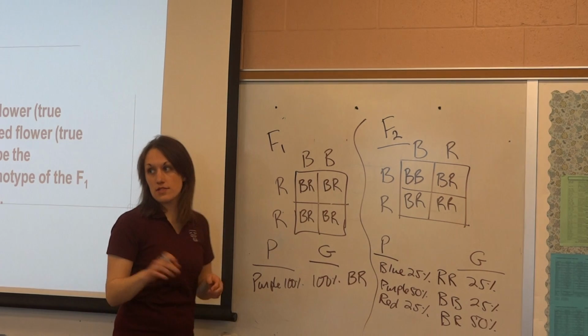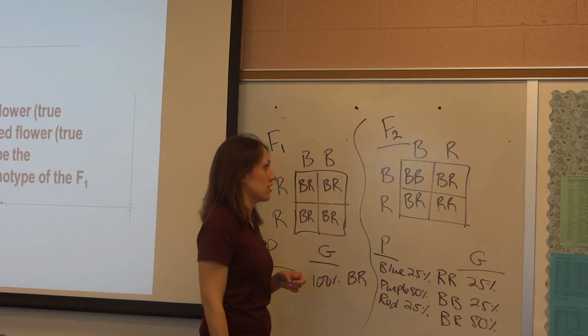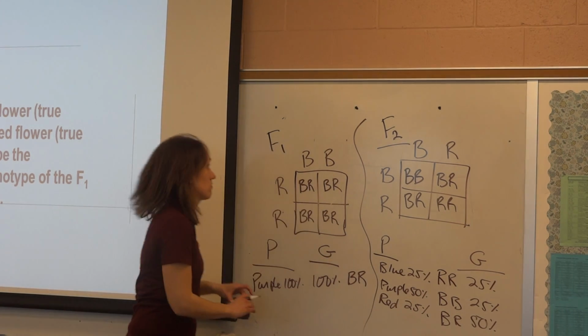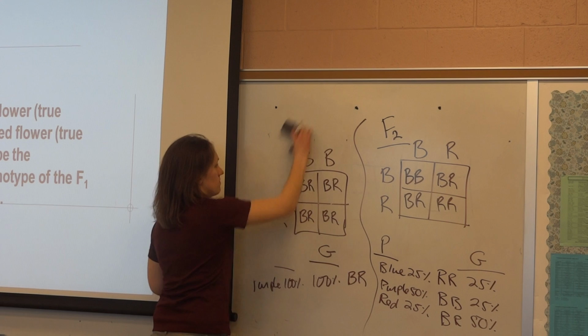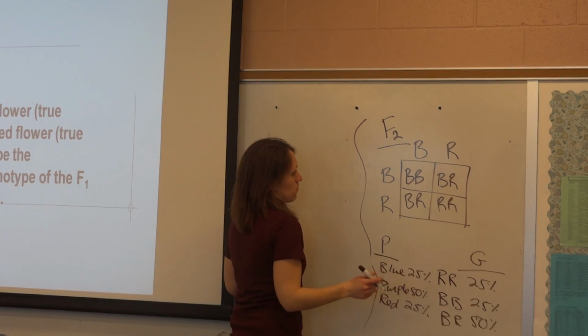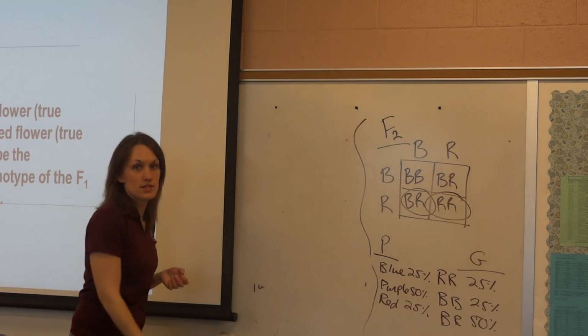So, hey guys, that's a good question. Let's listen up, please. Nick just asked, what if you did a purple and a red? So you could just go through and cross it. Okay, I'm going to erase this one. If you take a purple, so let's take this one, and you take a red, you can just cross it and see what happens.